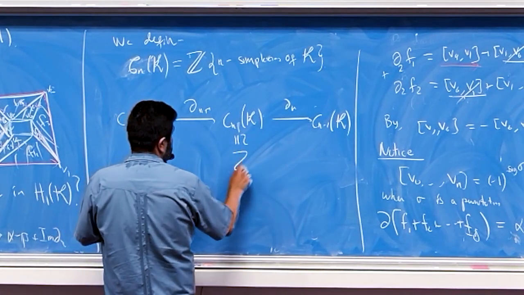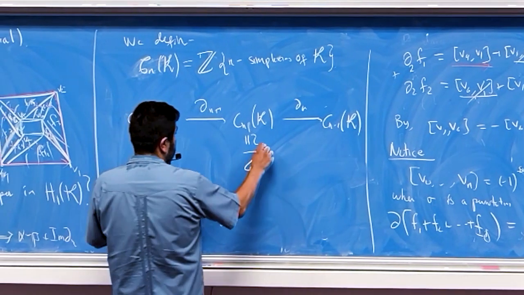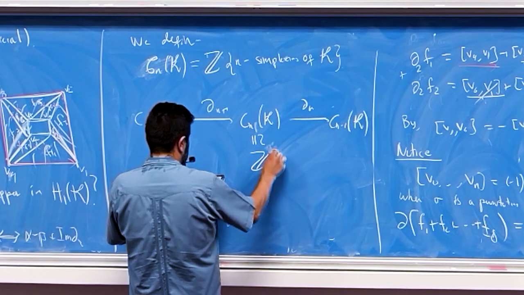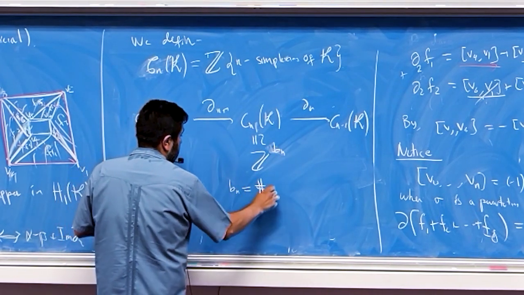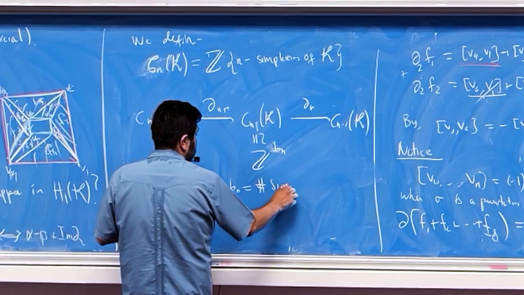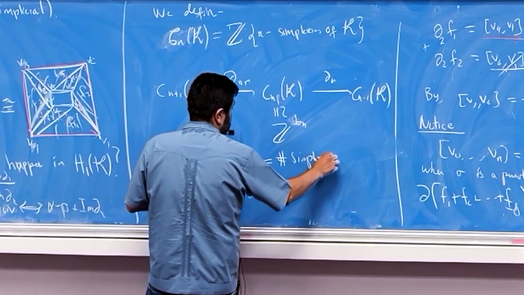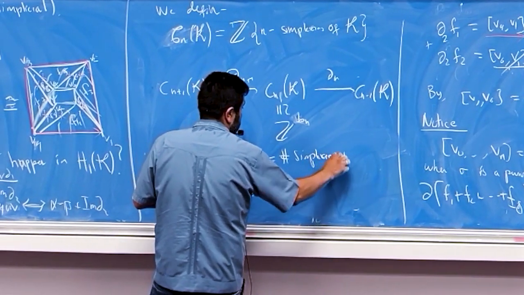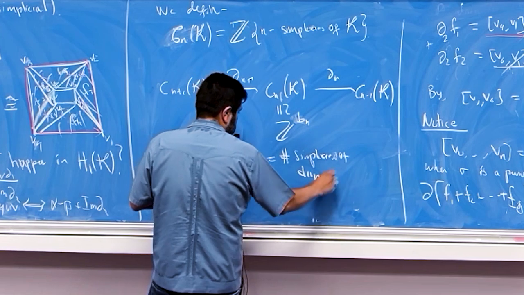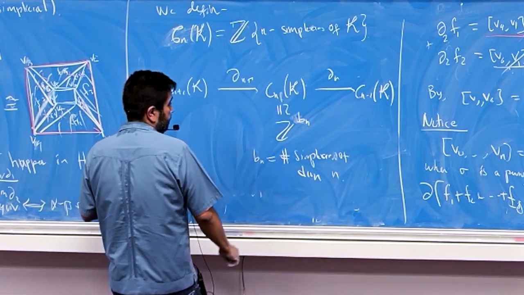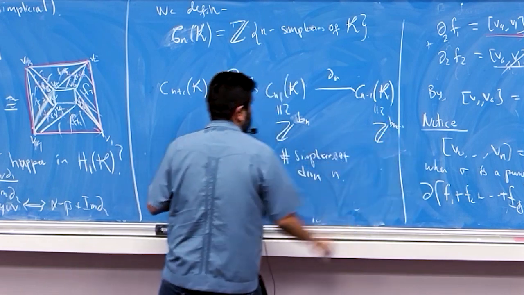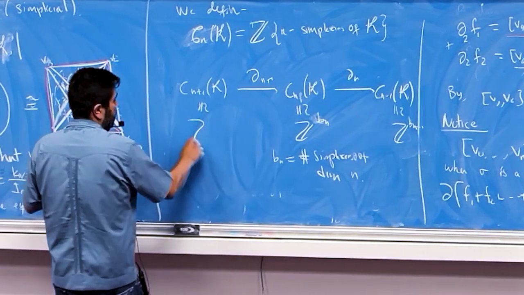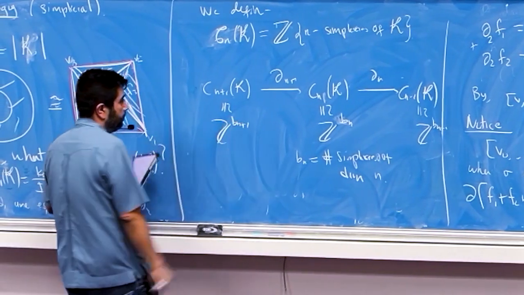The dimension of this thing is going to be β_n, where β_n is the number of simplexes of dimension n. And then we have here β_{n-1}, and this one has dimension β_{n+1}.